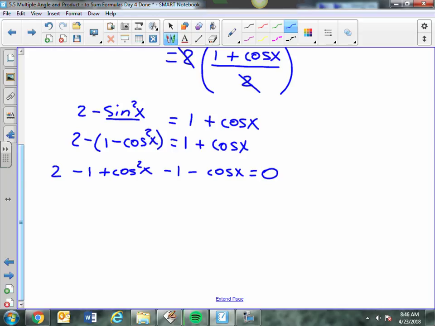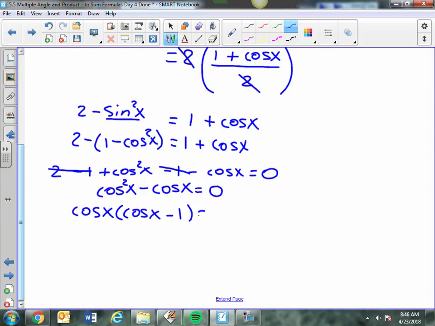I moved everything to one side. I have 2 minus 1, which is 1, and then minus another 1, so these numbers all cancel out. Then I just have cosine squared x minus cosine x. Once we get that far, you can factor out a monomial, which is cosine x, and then it'd be cosine x minus 1, and that would be equal to 0.